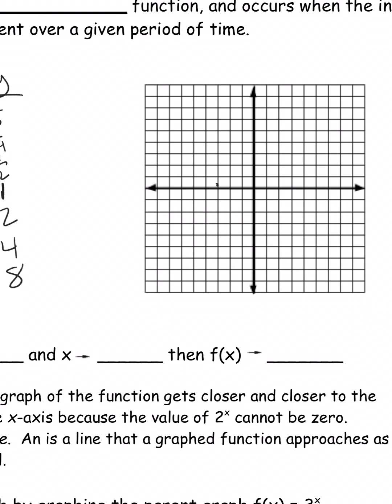Negative 2, 1/4. Negative 1, 1/2. 0, 1. 1, 2. 2, 4. And 3, 8. And so our graph is going to look like this.